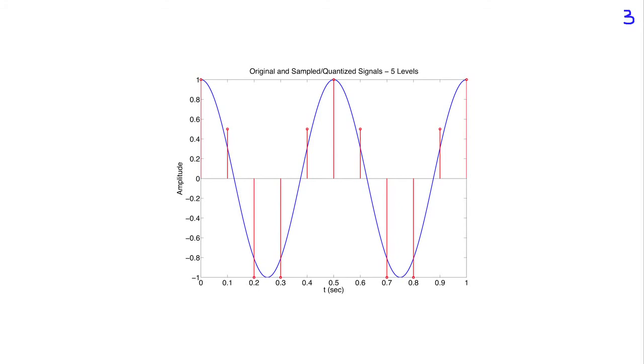So here's an example where I've shown the input as a continuous amplitude, continuous time signal, and then we're sampling. In this case, we're sampling at t equals 0.1 seconds. So I've got a sample at 0, at 0.1, 0.2, and so on.